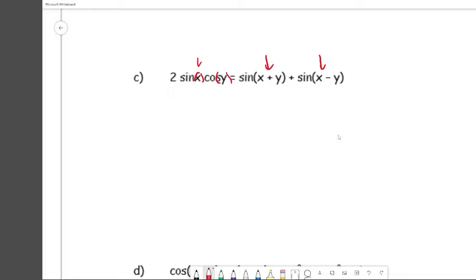Since I don't really have a sine x cos y identity, I don't think there's much I can do with what appears on the left. I do have an idea for the right: I could use my sum of angles formula to expand this.